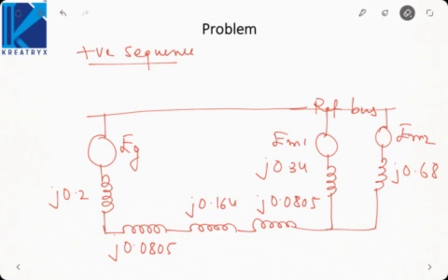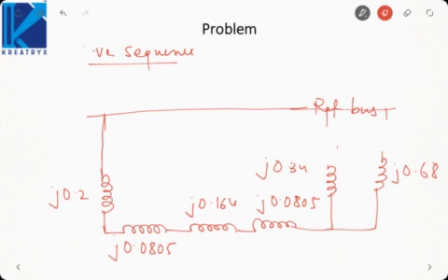So for drawing the negative sequence network, we will remove these EMFs and directly connect like this. This will be my negative sequence network. There will be no EMFs, the rest will remain the same. If we were given negative sequence impedances separately, then we would replace the positive sequence impedances by the negative sequence ones.